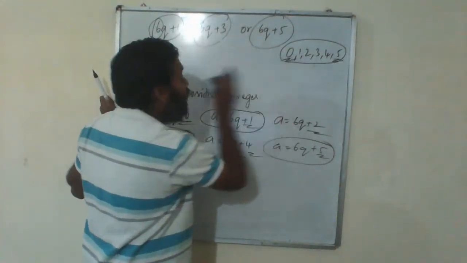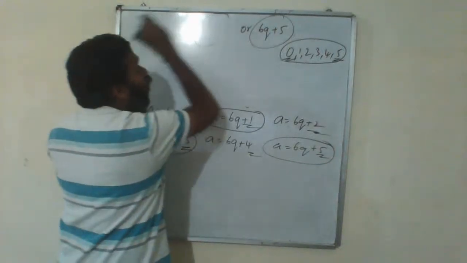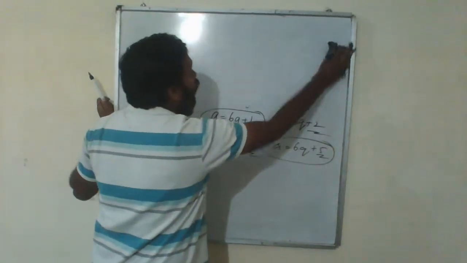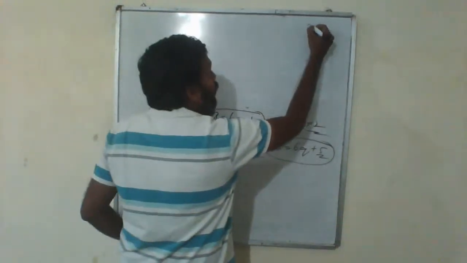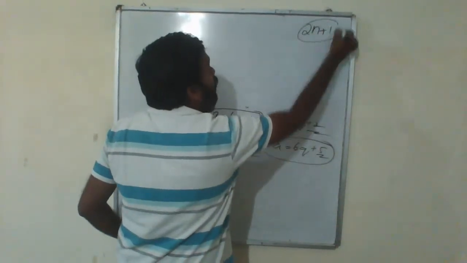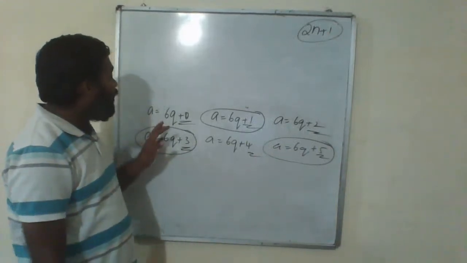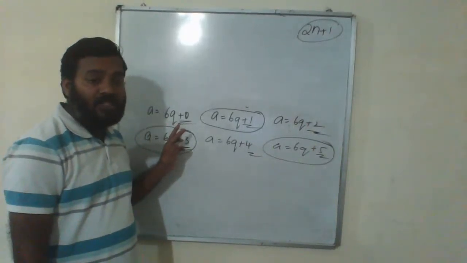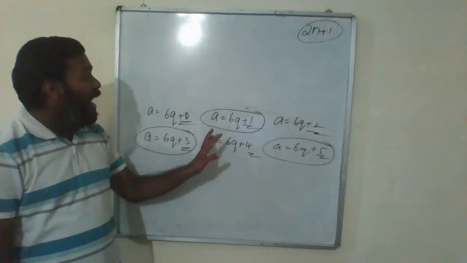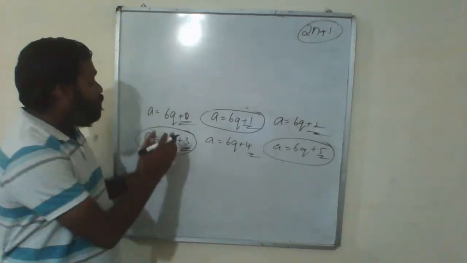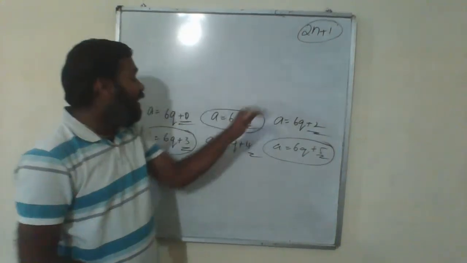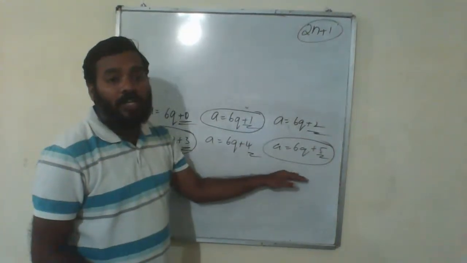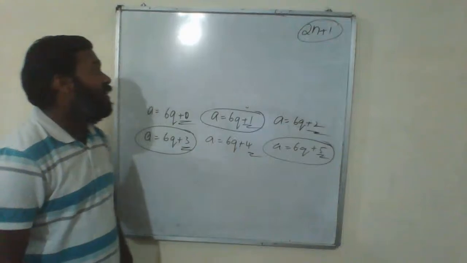By using the general form of an odd number, which is 2n plus 1. So if you are considering any of these numbers, we have to show that the number is in the form of 2n plus 1. Then only we can say that these numbers are odd positive integers.